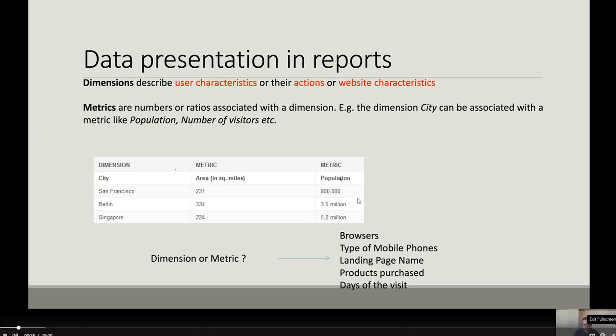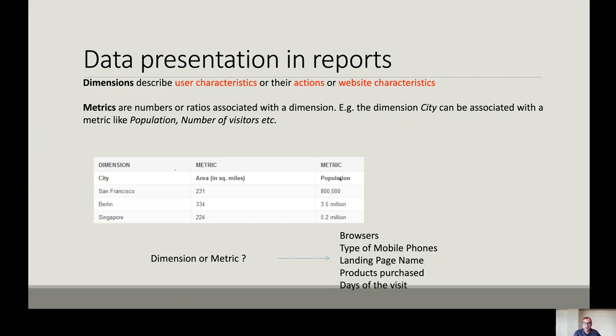So in the example on the slide, you can see that city is presented as a dimension, and there are several instances of this dimension, like San Francisco, Berlin, and Singapore, right? And then it also shows two different metrics. The area of a city is a metric, and the population of a city is another metric.